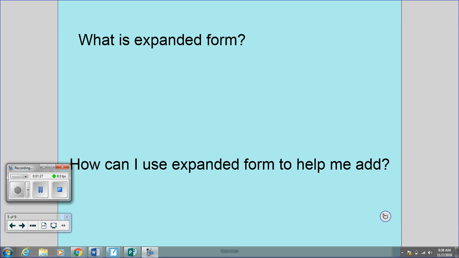Let's back up. What is standard form? Standard form. We should know what that word standard means. So what is standard form? Kaylee, what is standard form? Standard form is the number.